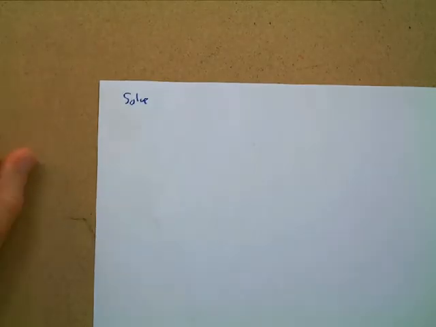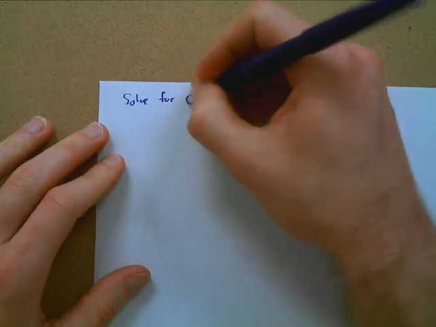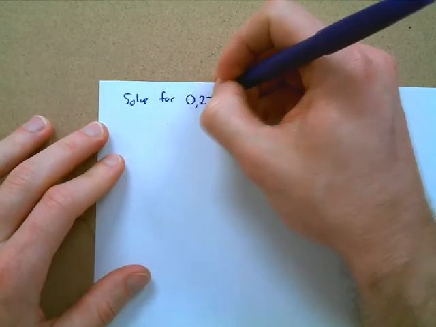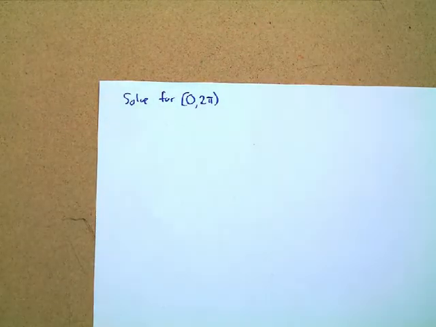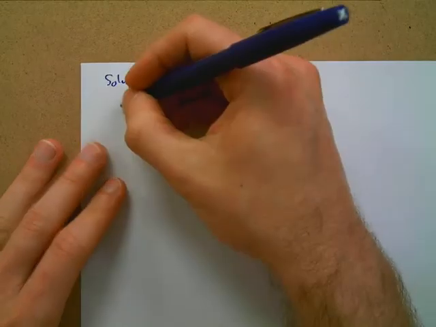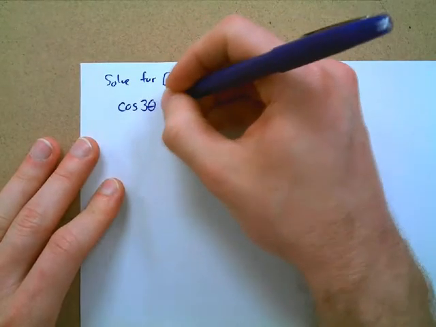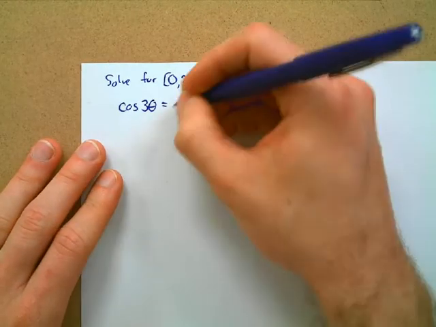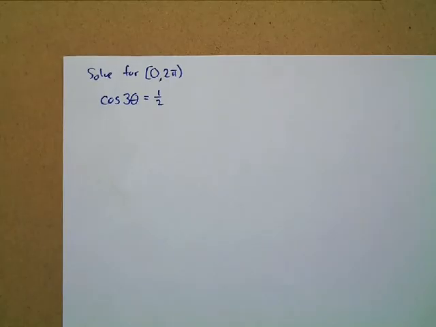We'll change this up a little bit and say cosine of 3 theta equals 1/2. Now it gets a little bit weird because that 3 is inside the cosine. So it's cosine of 3 theta.